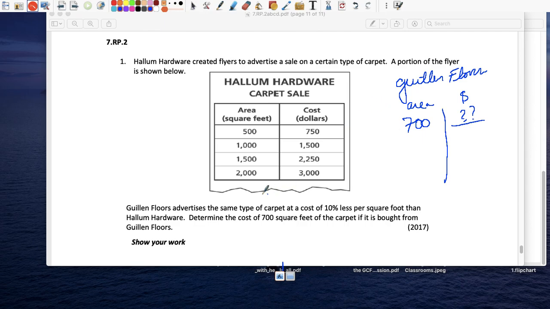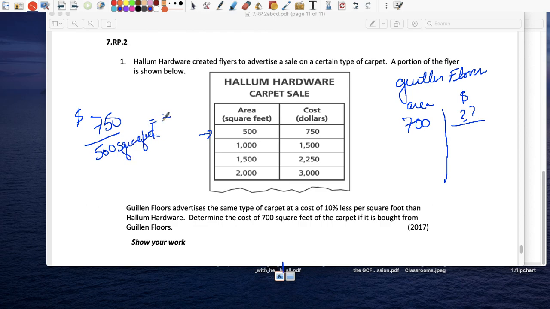Same type of carpet, 10% less per square foot. So let's find, first of all, it's proportional. So let's take any of these, doesn't matter which one. Okay, let's take this one. That says for $750, you can buy 500 square feet of carpet.